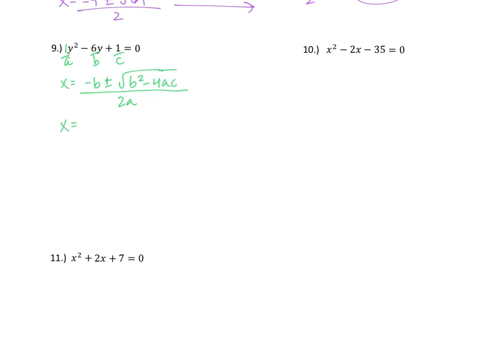The opposite of b, or the opposite of negative 6, is a positive 6 in this case. And then we're going to do plus or minus. It's going to be negative 6 squared. So this is the importance of making sure that you have the negative sign inside the parentheses. All right, so minus 4 times 1 times 1, all over 2 times 1.